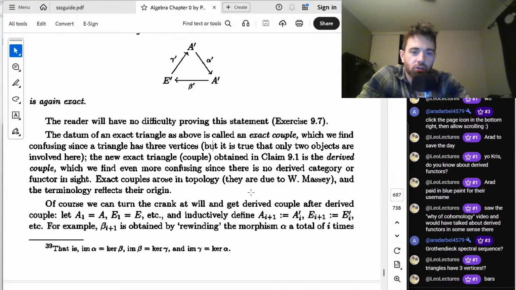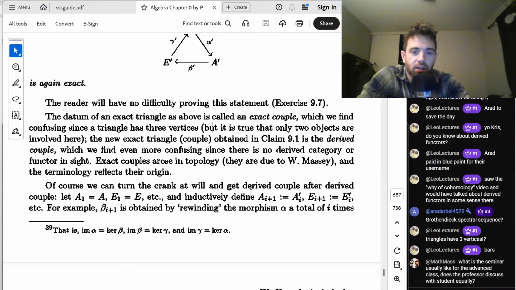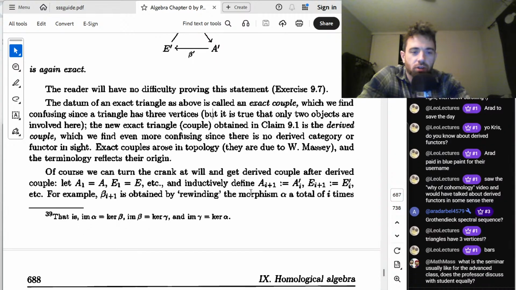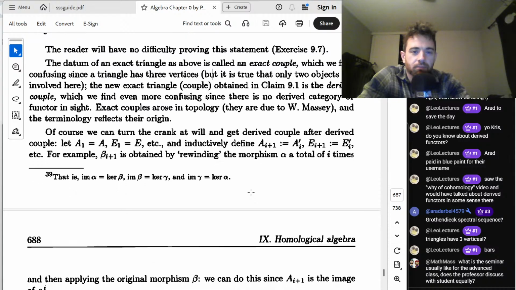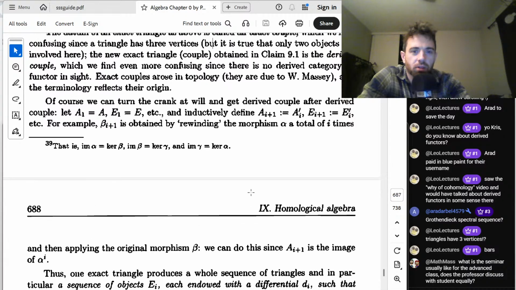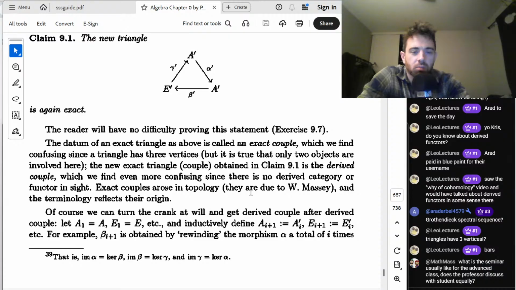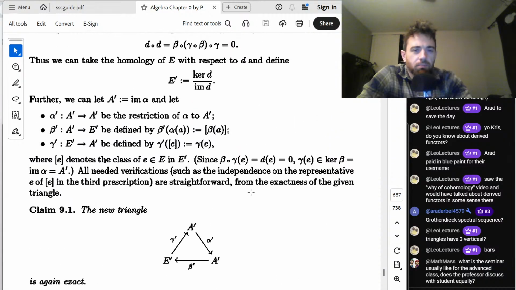Of course, we can turn the crank at will and get derived couple after derived couple. Beta I+1 is obtained by rewinding the morphism. Yeah, how are they defined? Interesting.